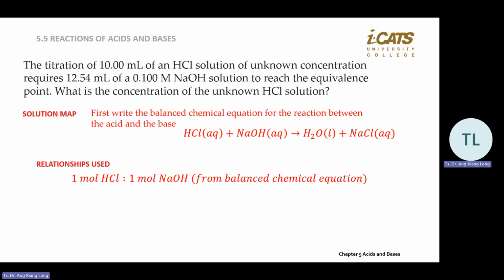Because the question asks acid plus base, you find the ratio, 1 mole of acid to 1 mole of alkali. You write inside your answer 1 mole HCl : 1 mole NaOH, the mole ratio according to the stoichiometric equation.